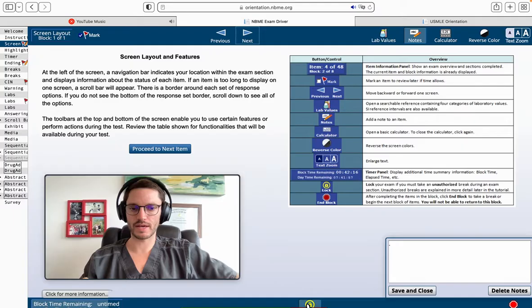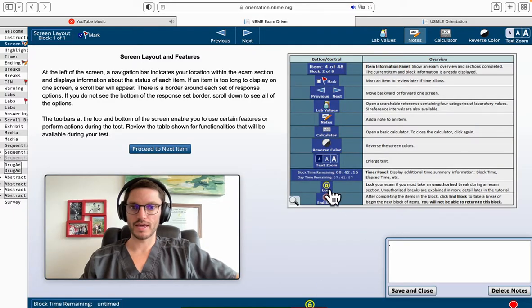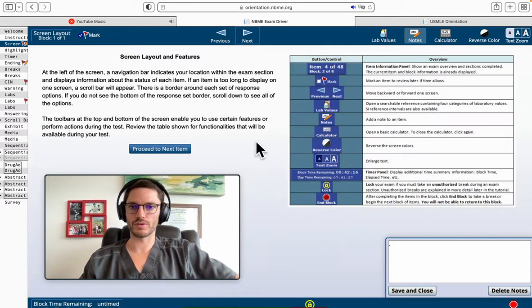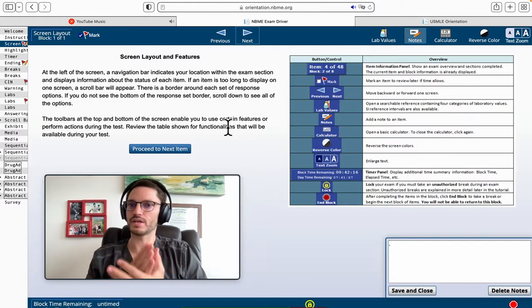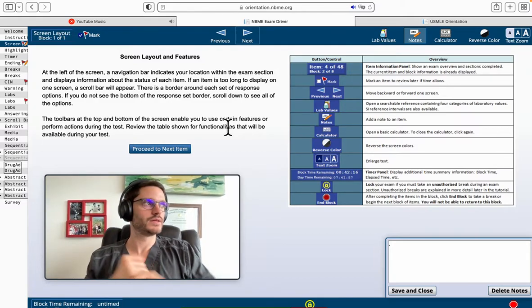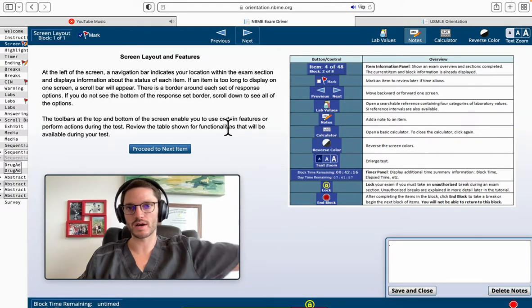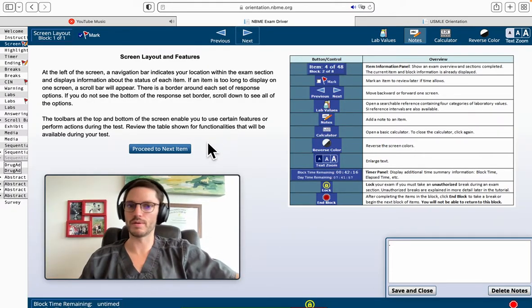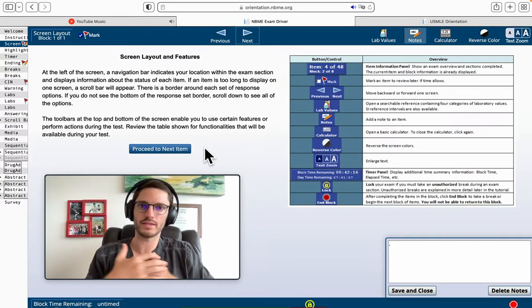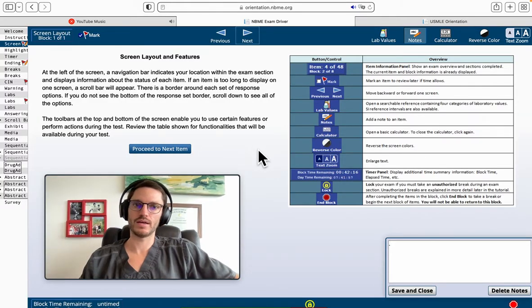So this one right here is a lock, and this is if you have to take an unauthorized break. So this is basically if you are in the middle of a block, question number 20, and lightning is hitting very hard and you can't listen to the media, or you're frightened, you got a panic attack, you have to go to the bathroom urgently, there is where you have to lock this.